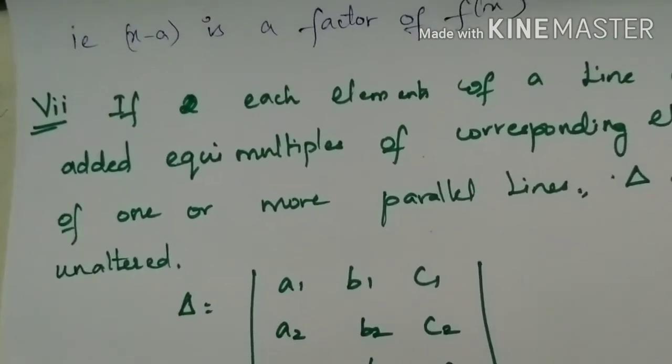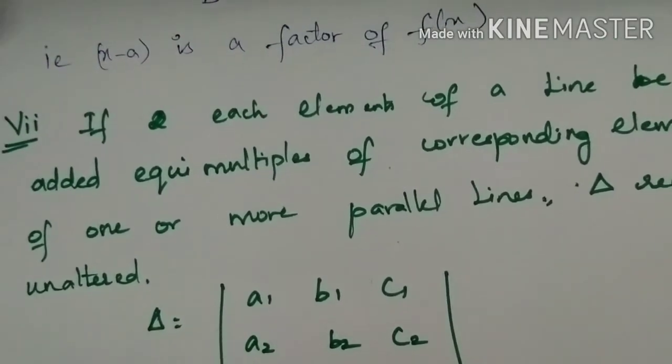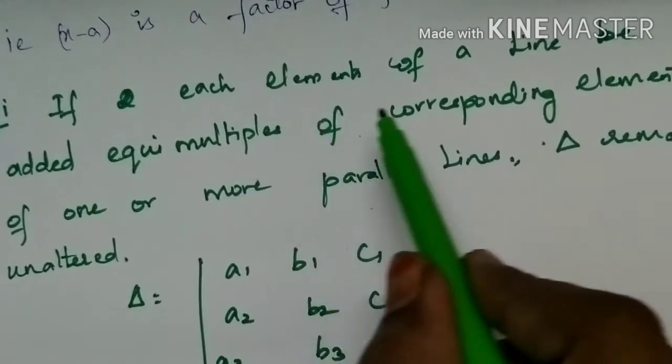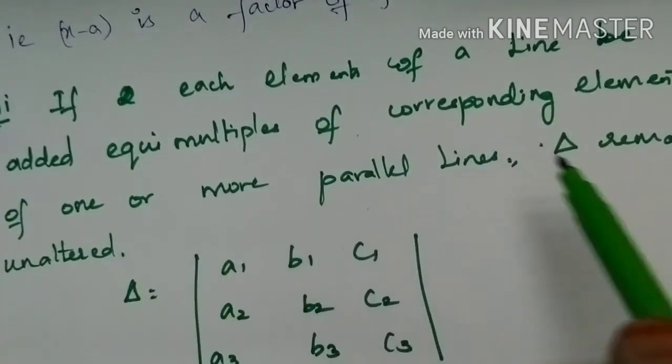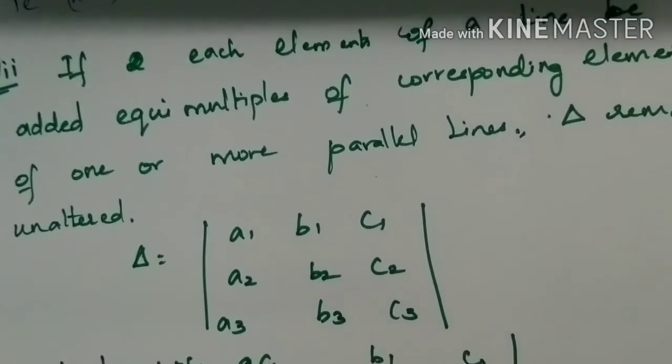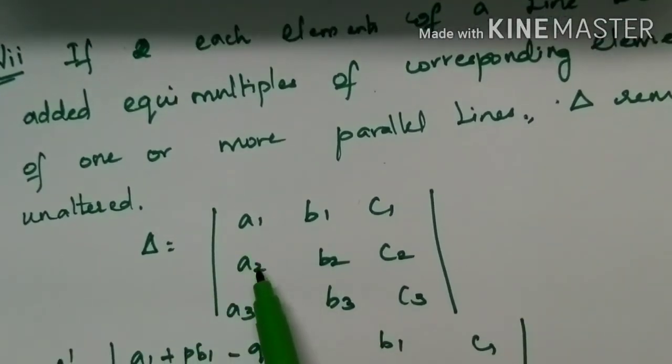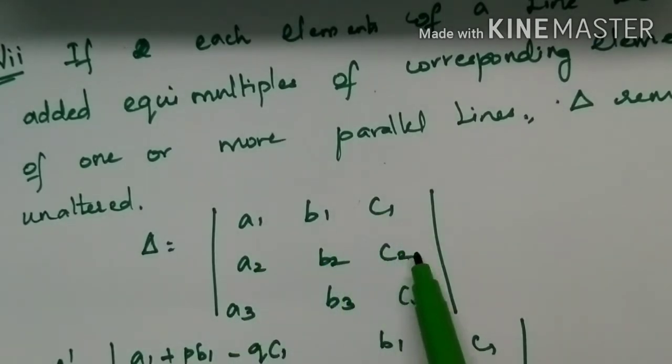Now, let us see the last property of the determinant. It states that each element of a line can be added with equal multiples of the corresponding elements of one or more parallel lines. Take an example of a third order determinant which has 9 elements: A1, A2, A3, B1, B2, B3, C1, C2, C3.